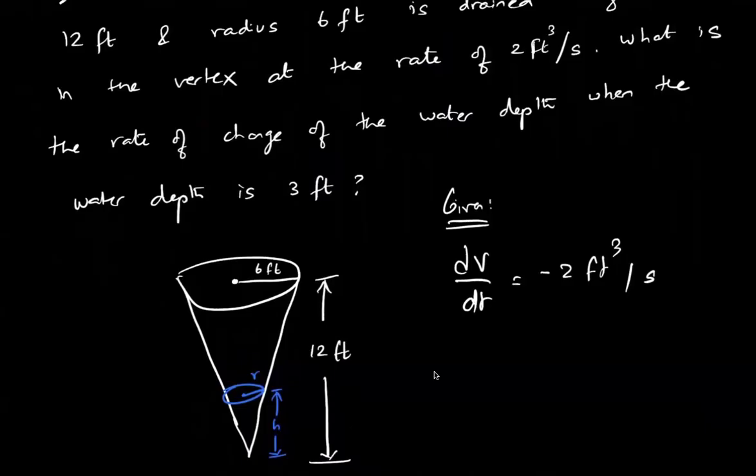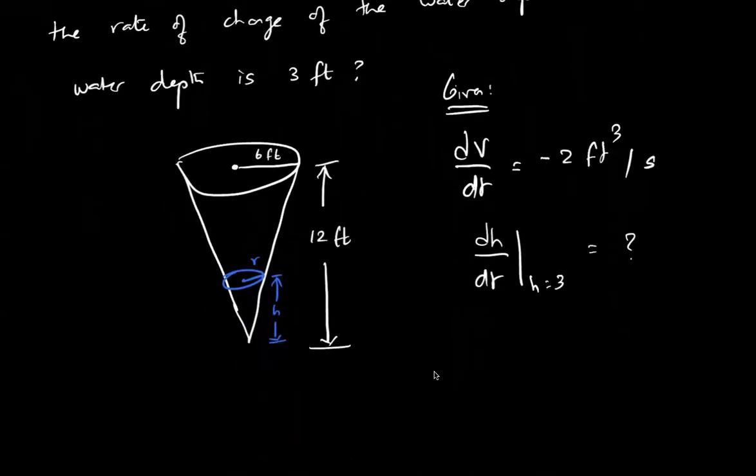Okay, so what is the rate of change of the water depth when the water depth is, so they're asking you what is dH/dt when H is equal to 3? This is the question, okay?